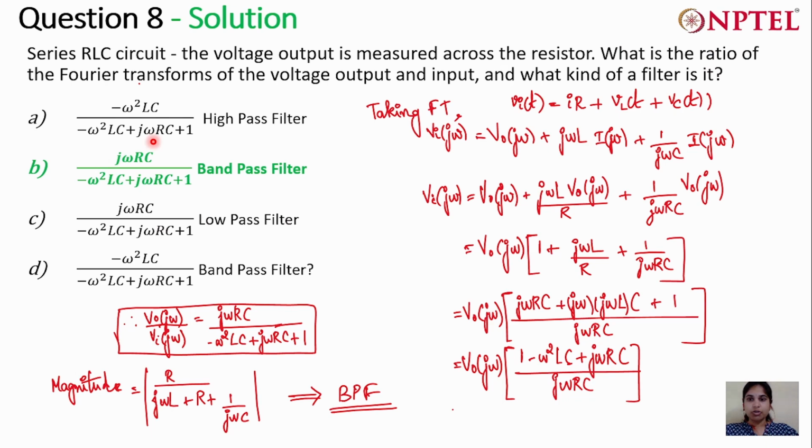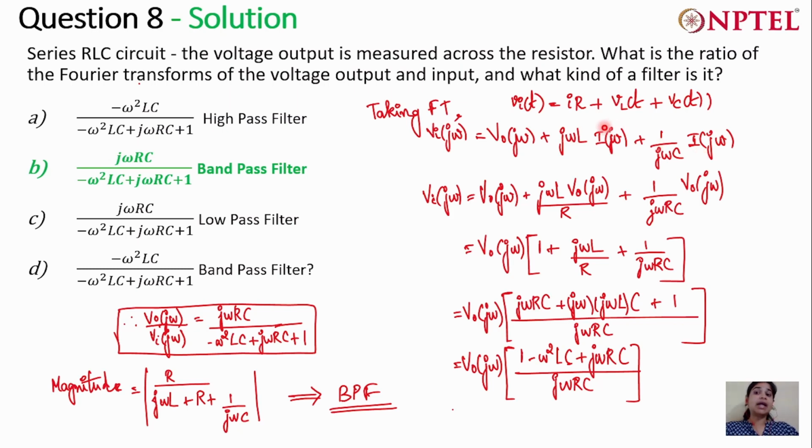It is the same logic. So the voltage across the resistor will become V naught of j omega. Then for inductance and capacitance, we will write the equation.